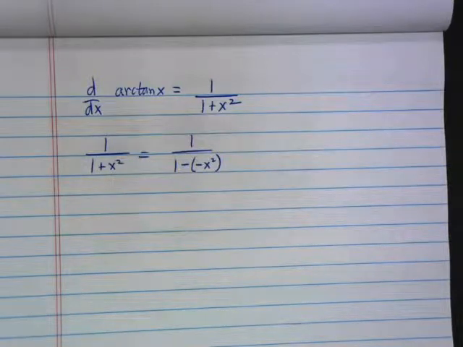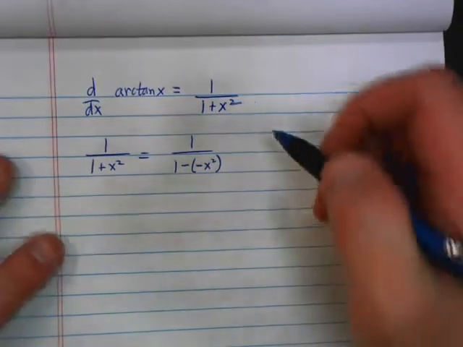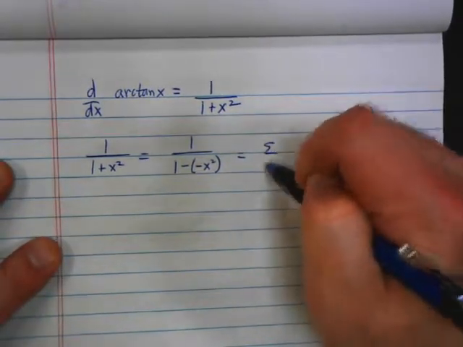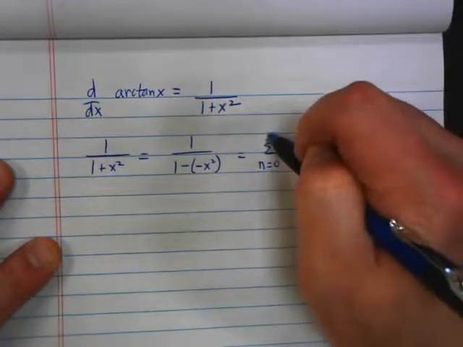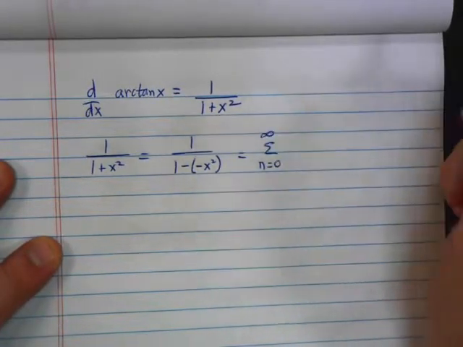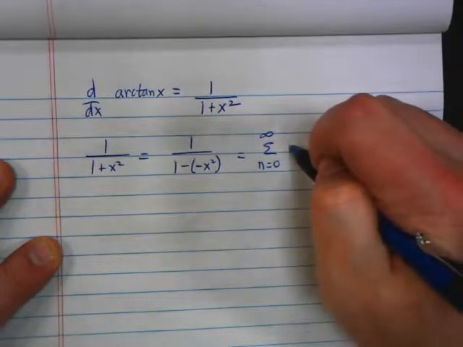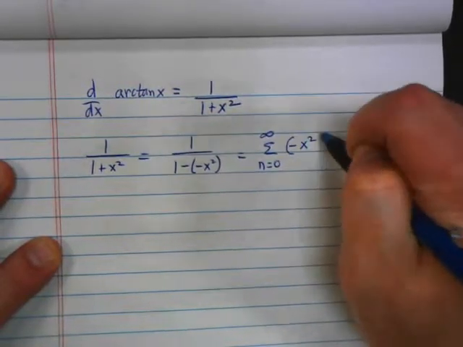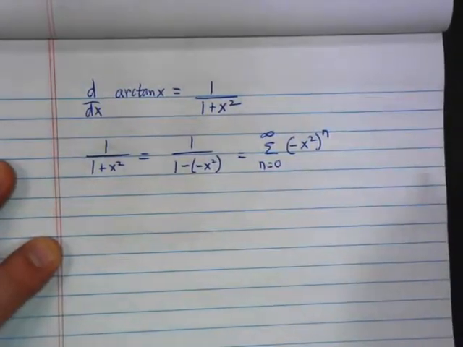And then what do I have? A over 1 minus r. So this is the sum from n equals 0 to infinity of, what's my a number? 1. What's my r? Negative x squared. Negative x squared to the n.